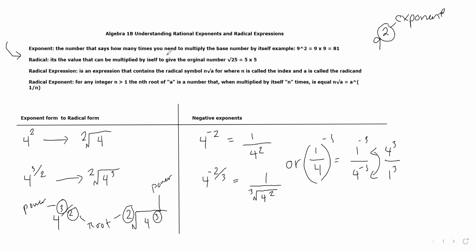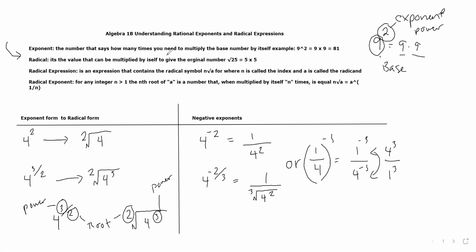Okay, so that 2 is your exponent. And pretty much what that's saying is, if the 2 is the exponent, the 9 is what we call the base. If something is being raised to the second power, because another word for exponent is the word power, then 9 is being multiplied by itself exactly 2 times.